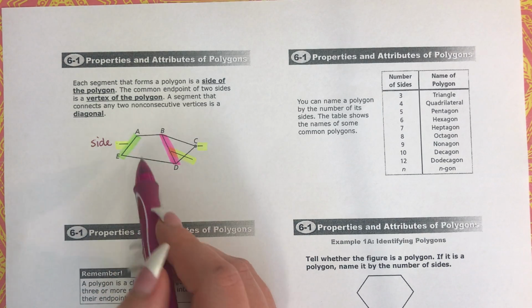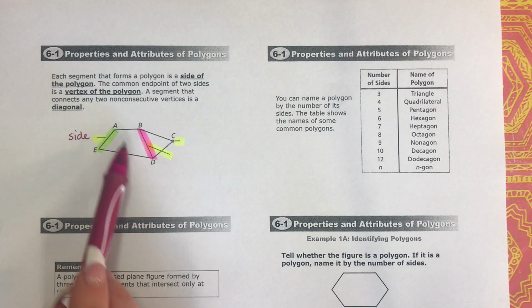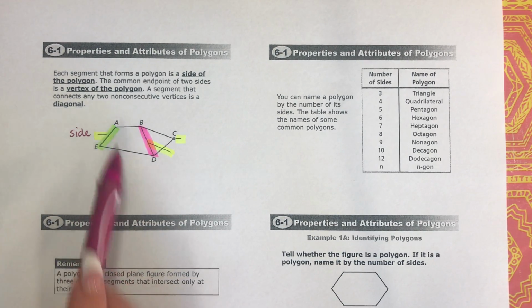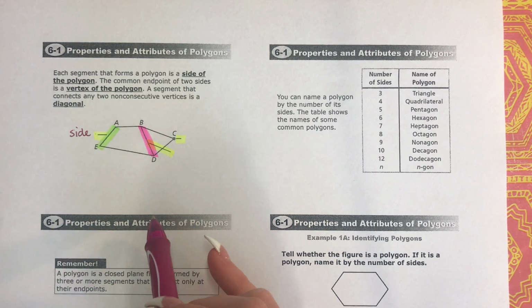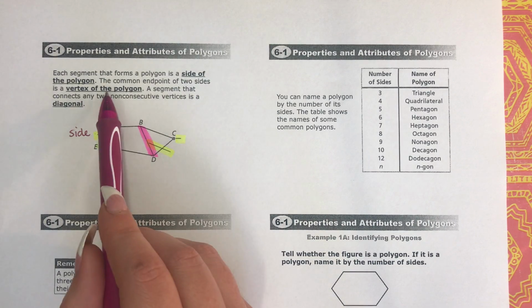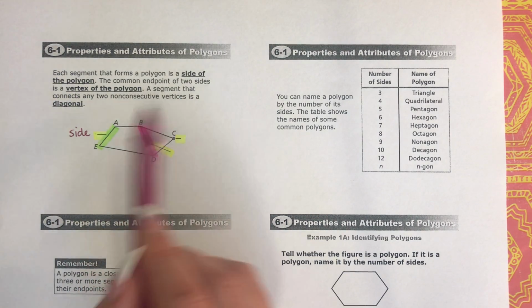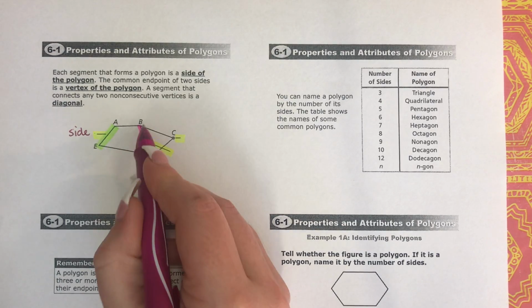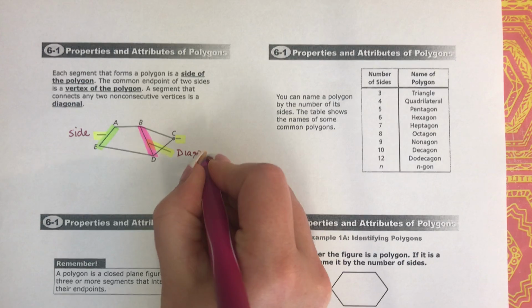A and E, those are consecutive. E and D are consecutive, but A and D are not consecutive. They're not right next to each other. Now B, D, are they consecutive or not consecutive? They are not consecutive, right? So a segment that connects any two non-consecutive vertices is a diagonal. Since these vertices are non-consecutive, this would be called a diagonal.